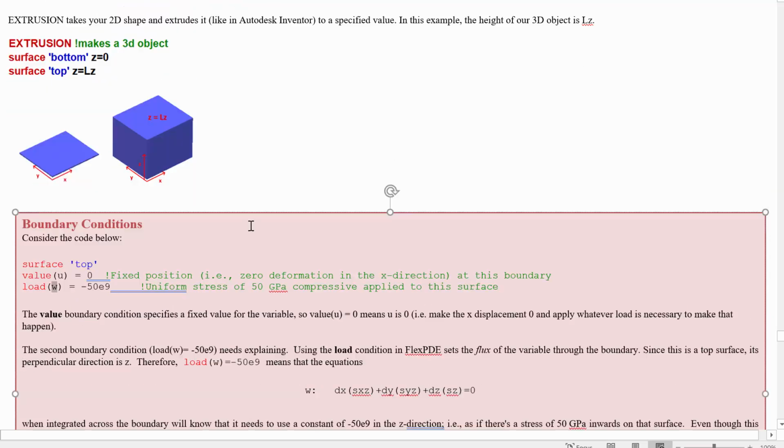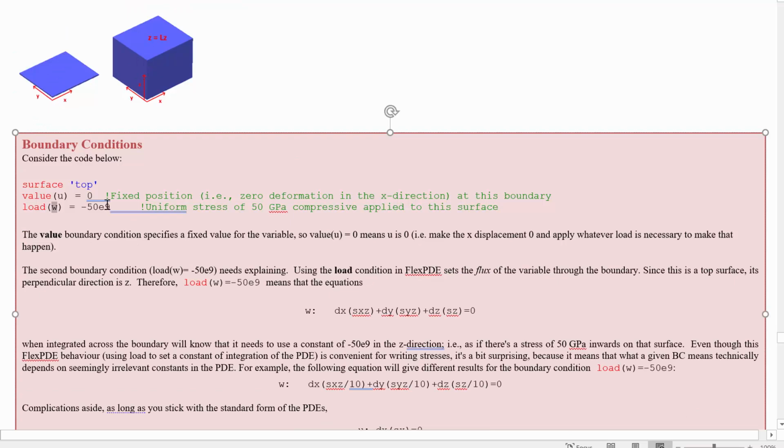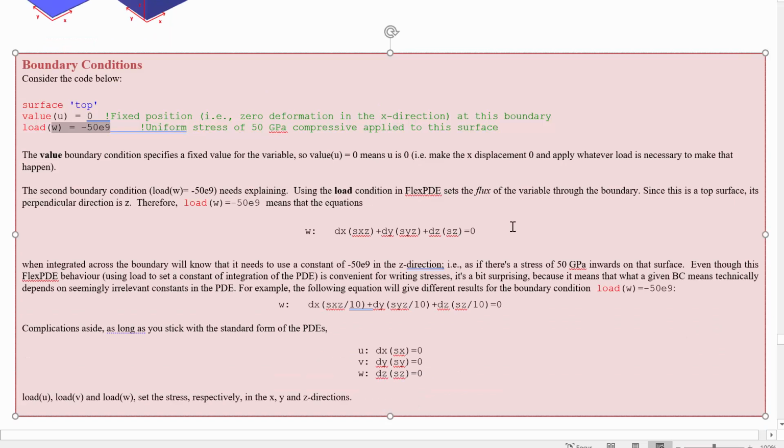And this is a really tricky thing to explain in FlexPDE. But for the differential equation that we specify, if we specify something like this, this is the differential equation we're going to be dealing with next week. The load of W equals negative 50E9 tells you that we are going to have a stress of 50 gigapascals in the negative W direction on this surface.